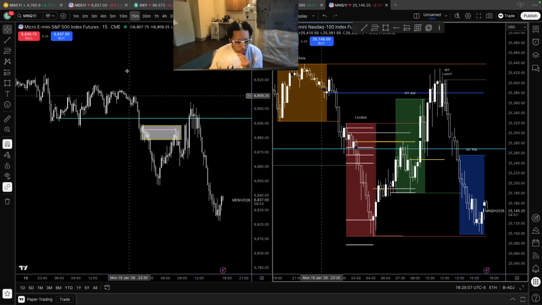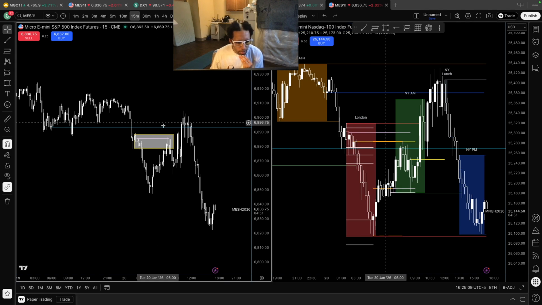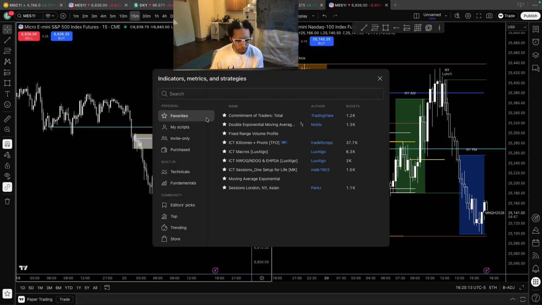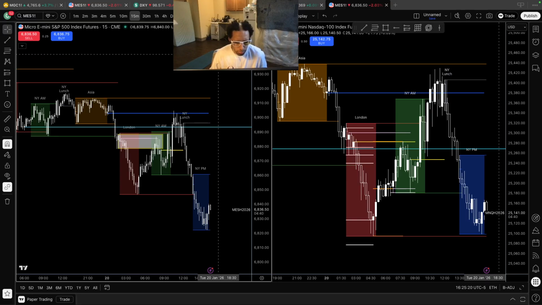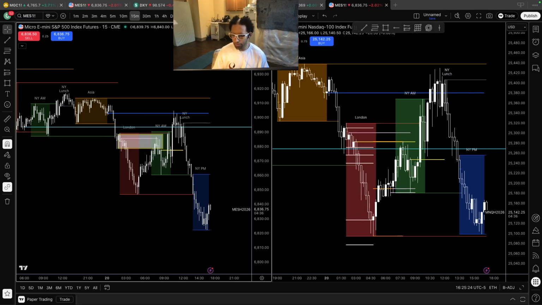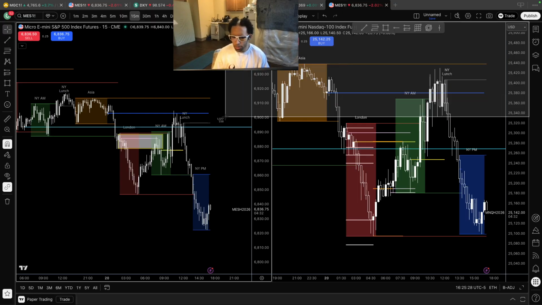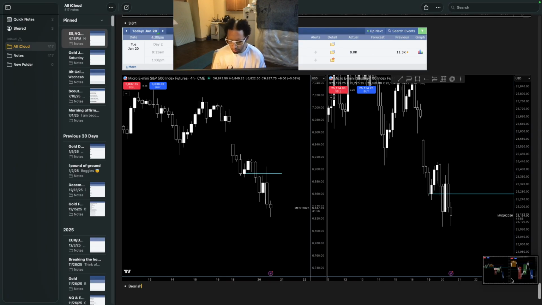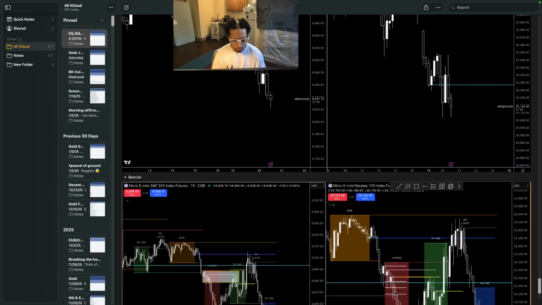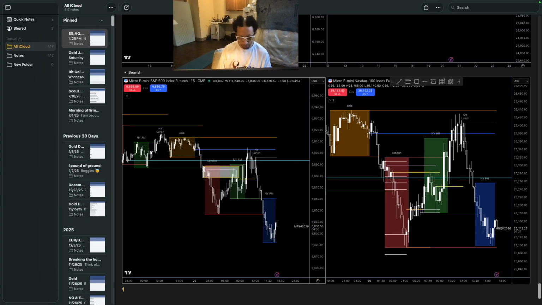Alright, so OTE met that. I don't know what happened to the indicator. Command Shift 4, Command Tab, and then so we got 3 things right here.